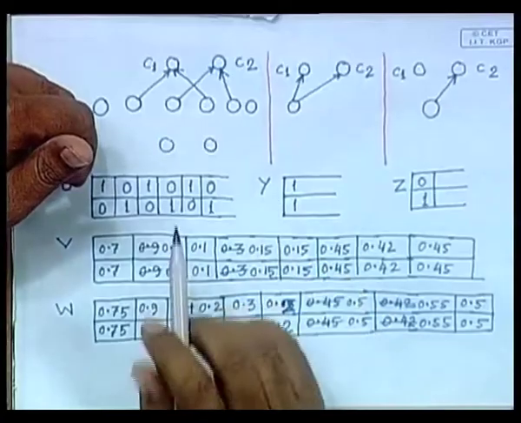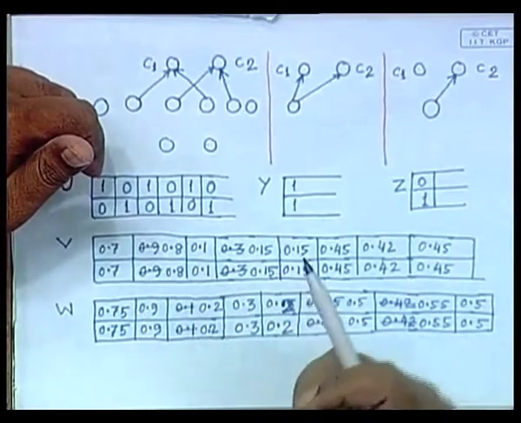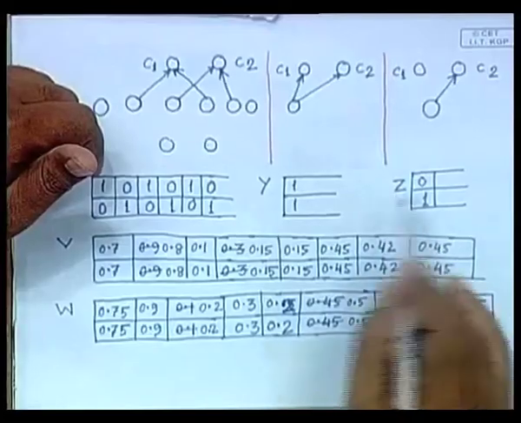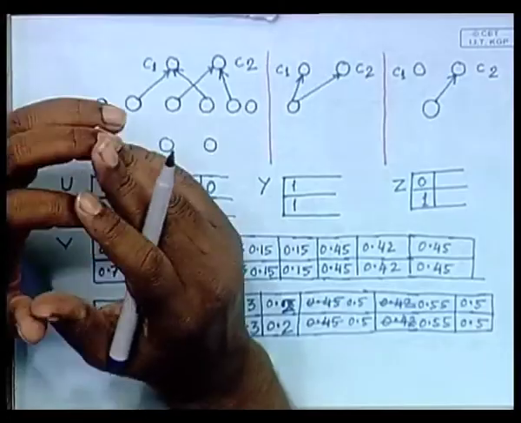Matrix Y gives you the connectivity between the middle layer nodes and the output layer nodes in the overlap compensation section. And this matrix Z gives you the connectivity between the middle layer nodes and output layer nodes in the containment compensation section.